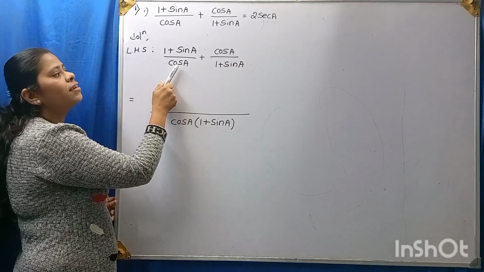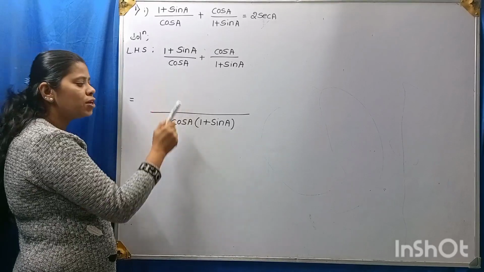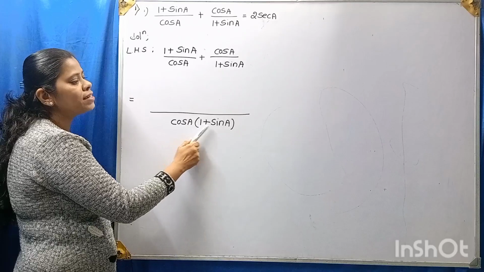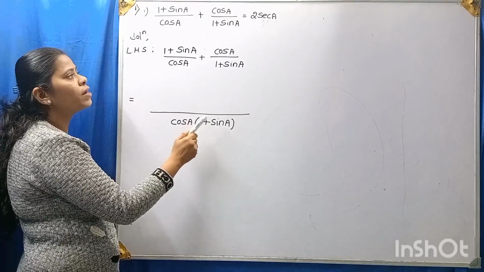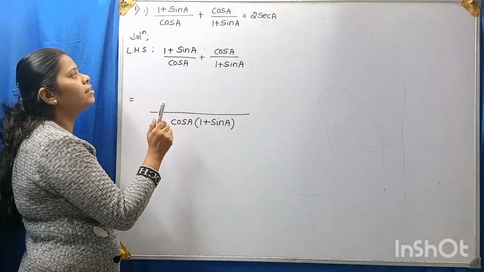Look at this. Here we have cos A, but our LCM is cos A into (1 plus sin A). Therefore, we will multiply it by (1 plus sin A).